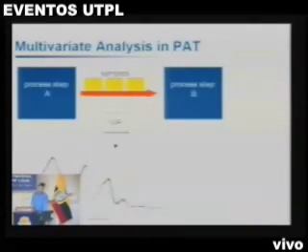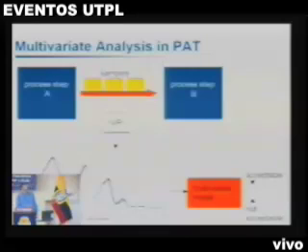Then we have a fast mathematical model that is able to interpret this chemical fingerprint and is able to tell us if the sample is acceptable, is good, or is not acceptable, is bad. Okay? So in each moment, I know if the process is working well or not.